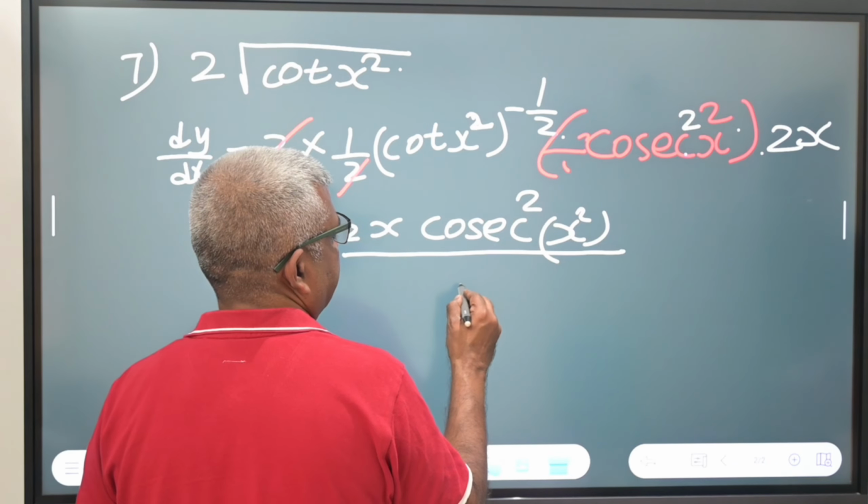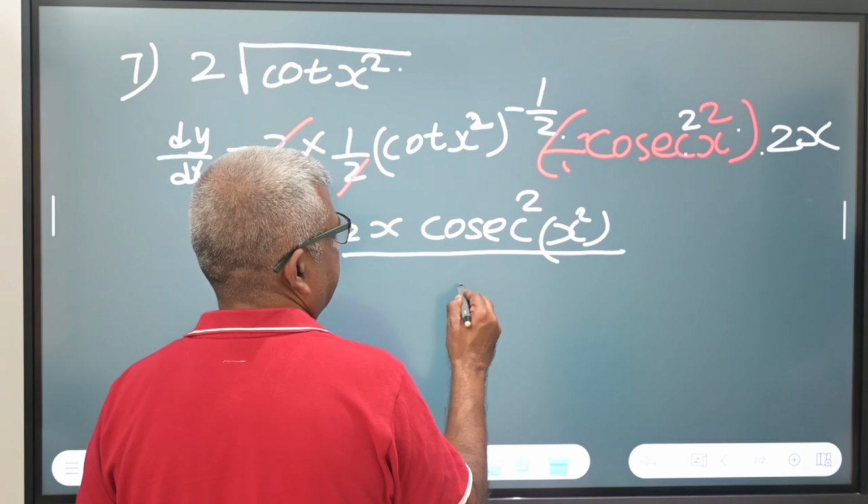Next, cosecant squared x squared we can write as 1 over sine squared x squared. I will write it here. Minus 2x.